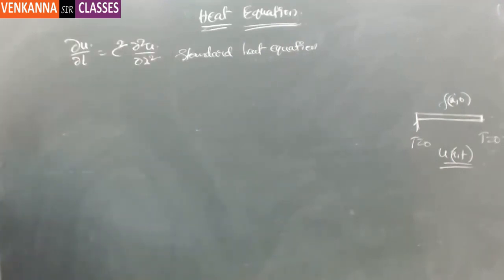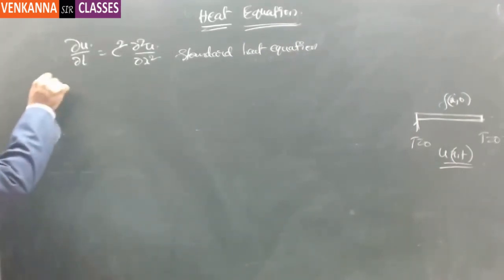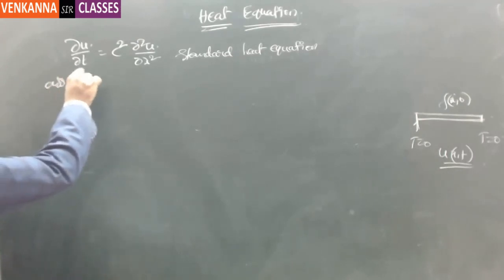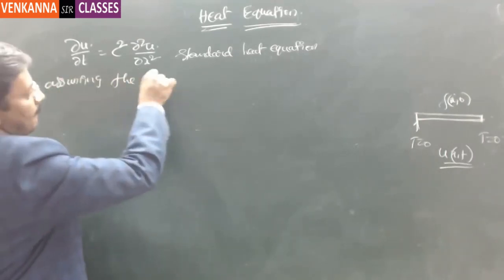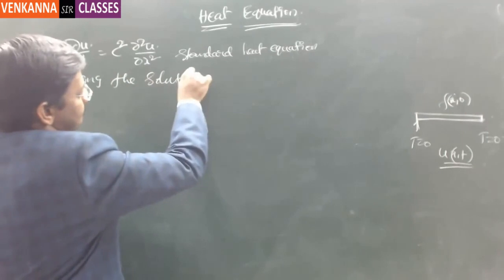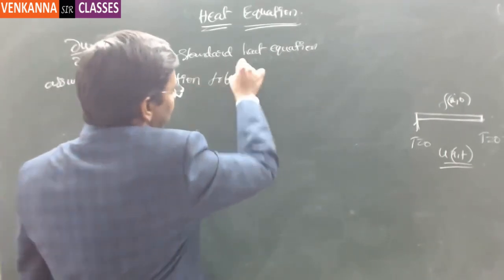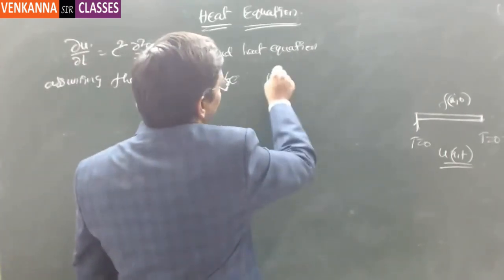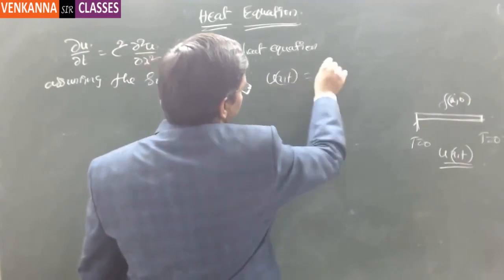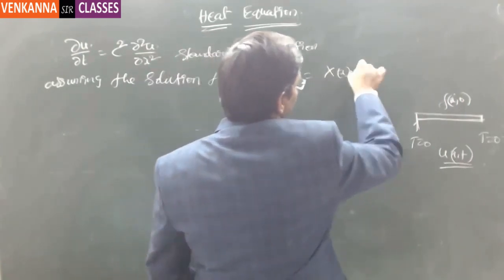So for the solution of this standard equation, assume the solution to be u of x comma t equal to X of x into T of t.